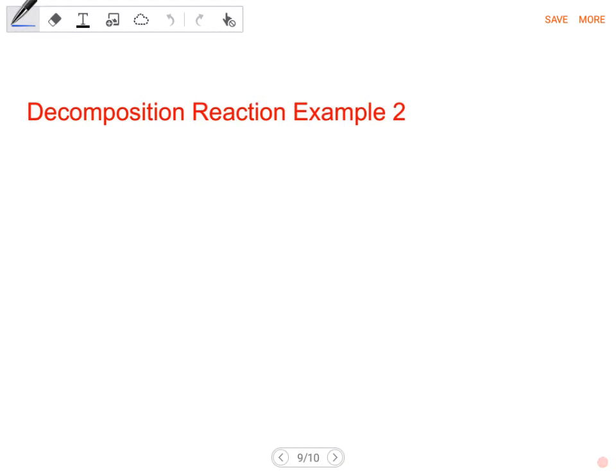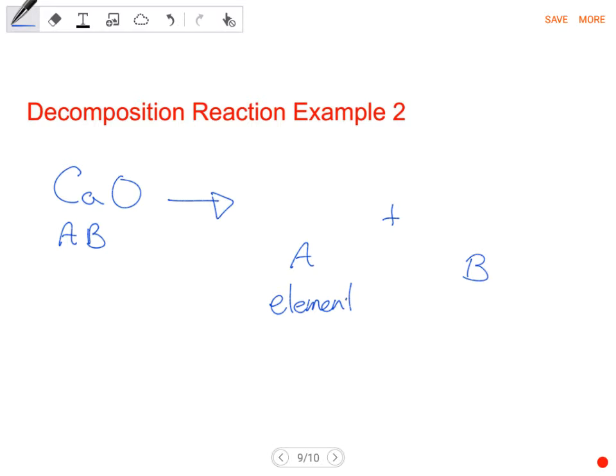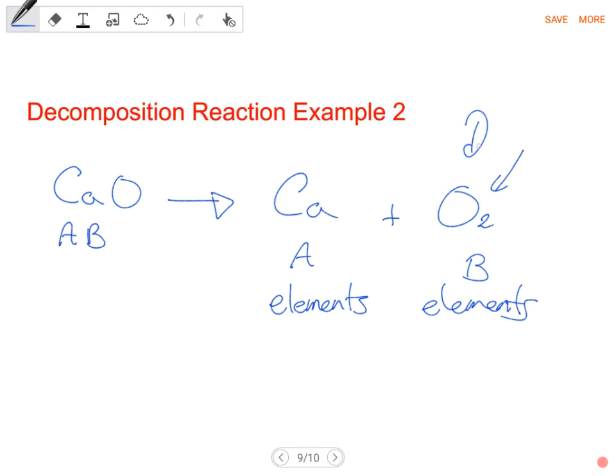Another one, we'll go with calcium oxide. So that's your AB, that's your compound, and it's going to split into an A and B, which are your elements. It should work out to be calcium and oxygen, and this should have a 2 with it because it is diatomic.